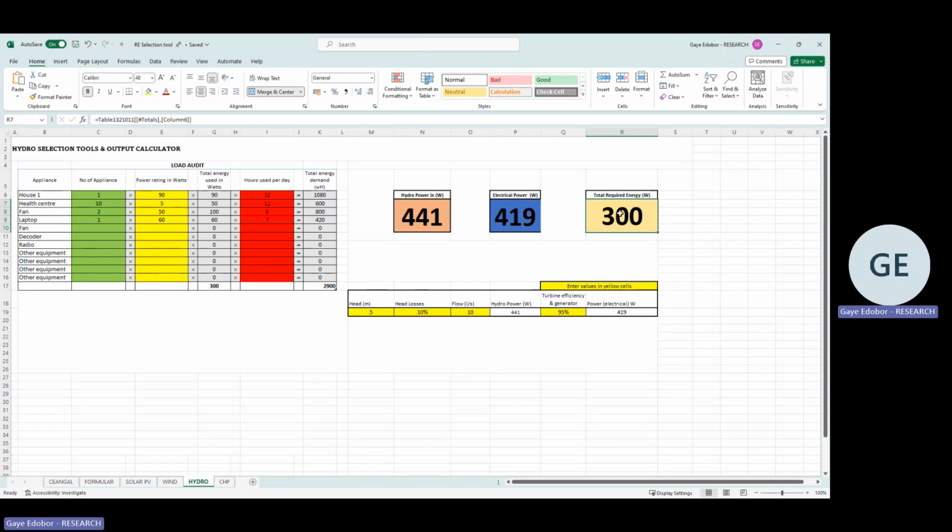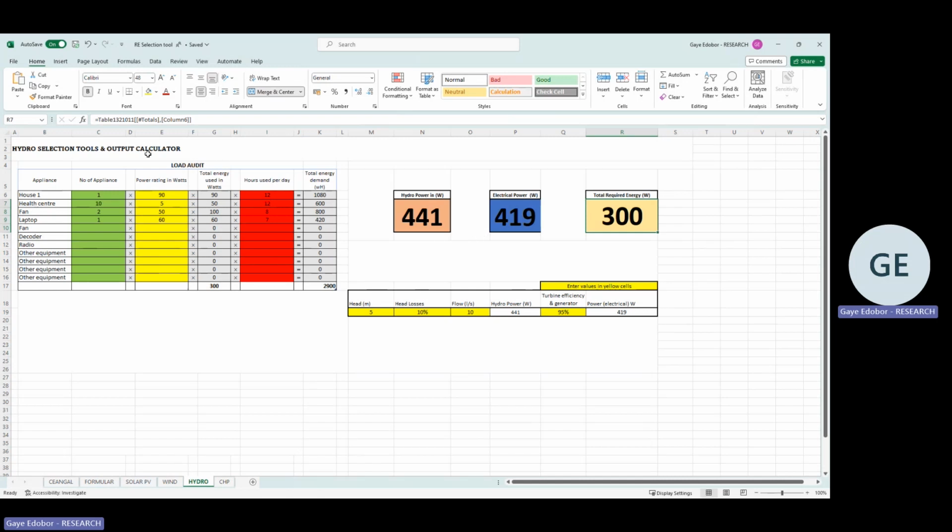So with this, you can increase your load to match, or you can have the spare energy transferred to a nearby building, or you have an additional backup battery setup to be able to store this energy and use it if for any reason there is a decline in the flow rate and all.